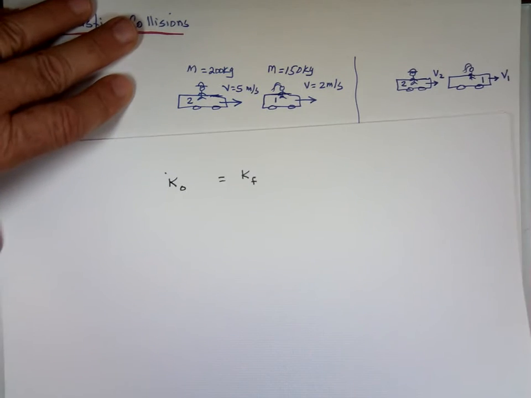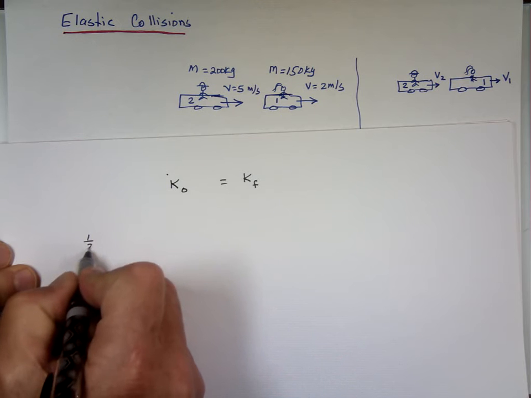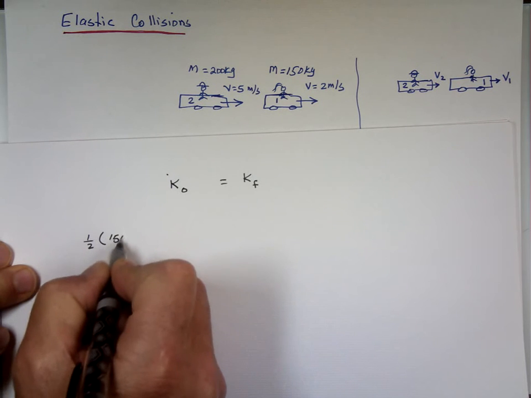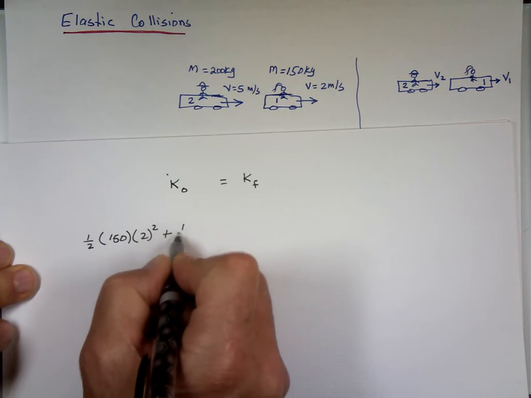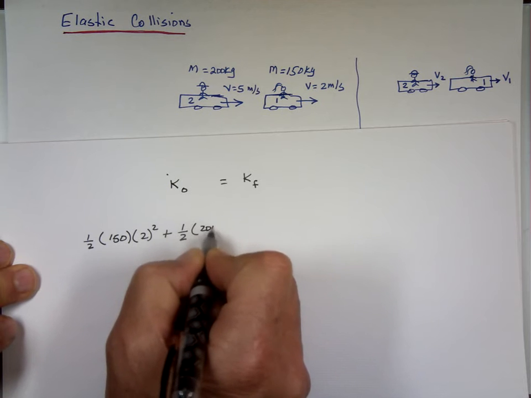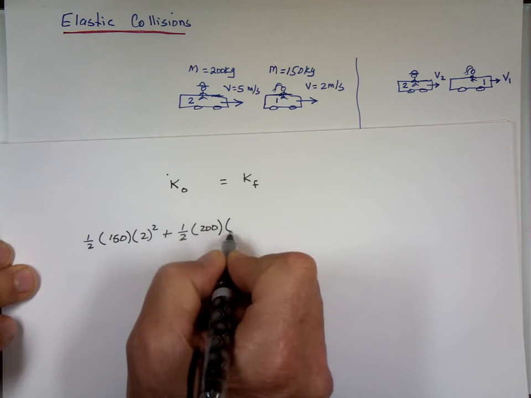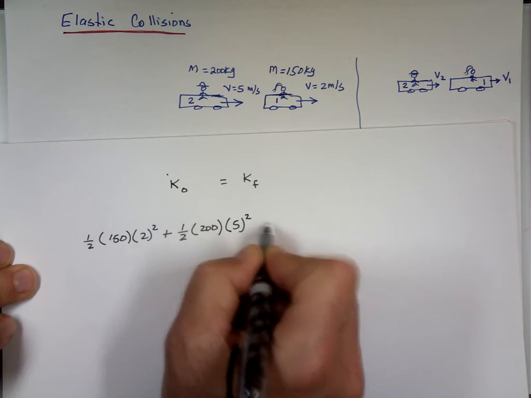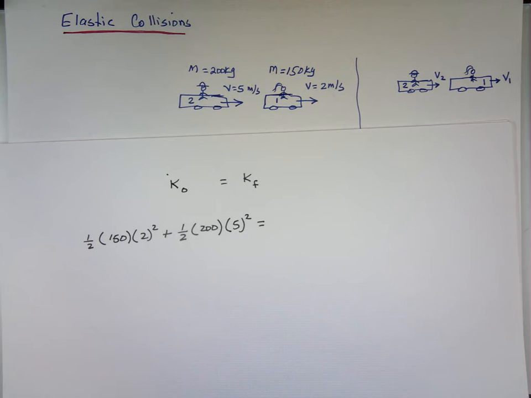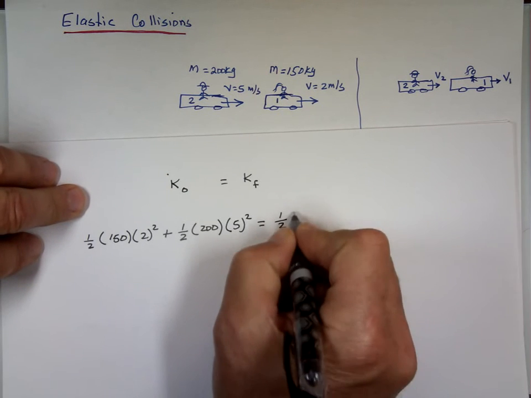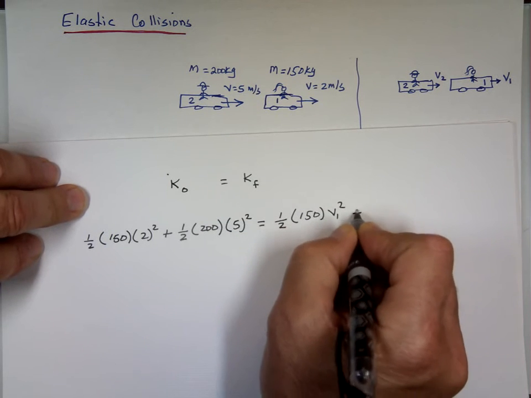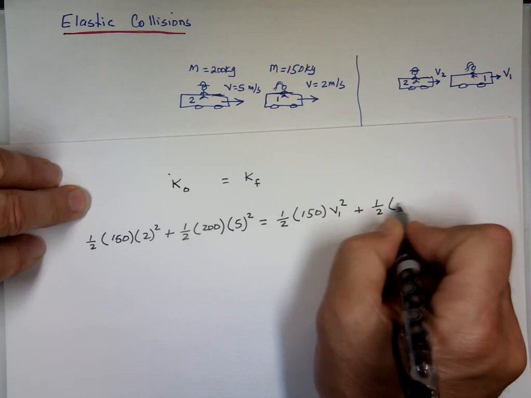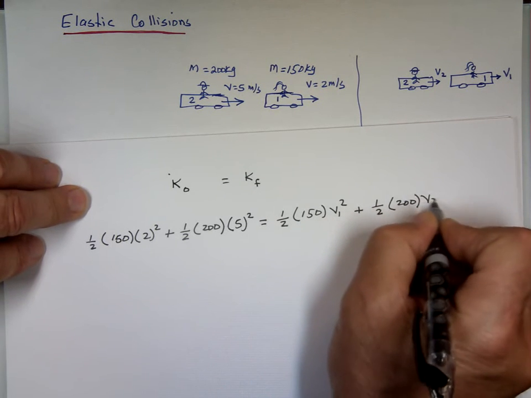That's 1/2 mv squared. 1/2 the mass, which is 150, times what? 2 squared, plus 1/2 times the 200 times what? 5 squared, equals the after: 1/2 times 150 times v1 squared plus 1/2 times 200 times v2 squared.